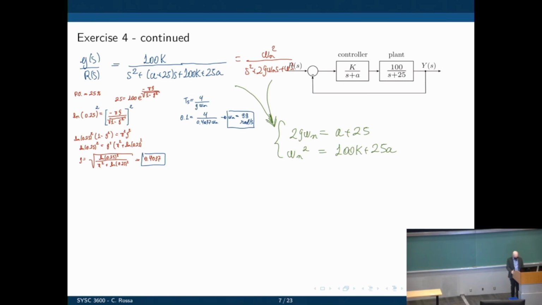Now we can start with the first equation, 2 zeta omega n equals A plus 25, because you have everything there. All we need is A, that's what we're going to solve for. So 2 times zeta, 0.4037, times omega n, 99, minus 25 equals A. A is 54.9.